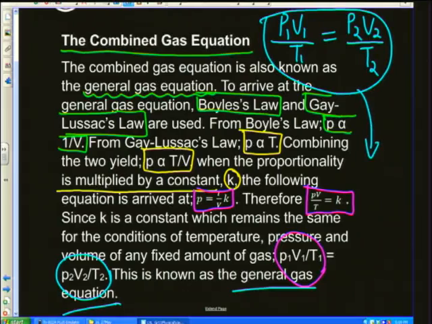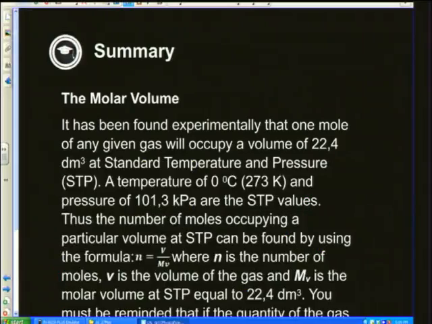Those two conditions should be equal. And we call this the general gas law. So that is basically what we have.